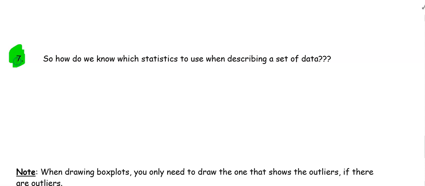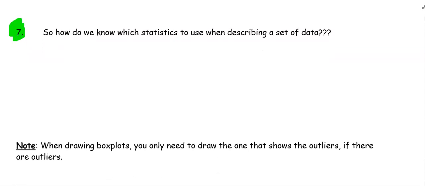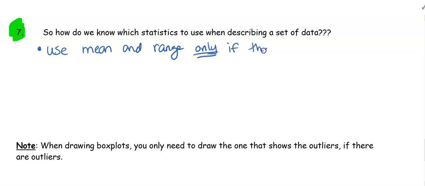Which is going to get into this one, which is the important question, number 7. So how do we know which statistics to use when describing a set of data? We use the mean and the range only if there are no outliers.